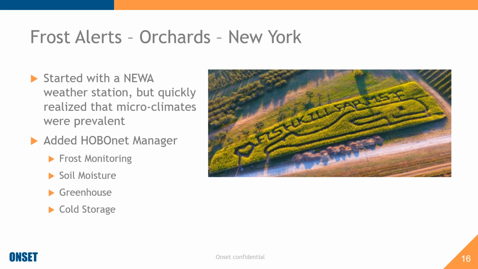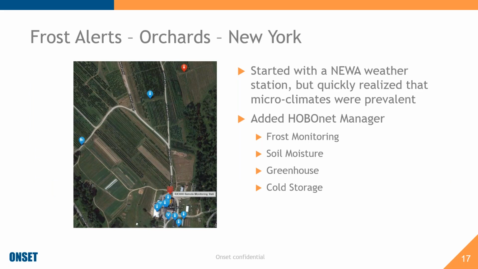They wanted to monitor their greenhouses, and they also did cold storage on site, so they wanted to be able to monitor their cold storage facilities. And so their map looks something like this, where down by their greenhouses and cold storage facility, you get a cluster of sensors, and then you get a couple of temperature points farther out for a couple of different crop types where they feared that the risk of frost was greater.